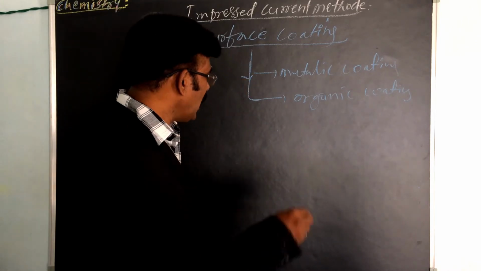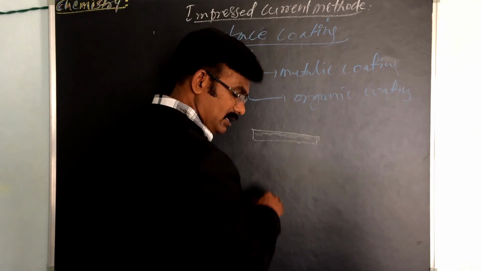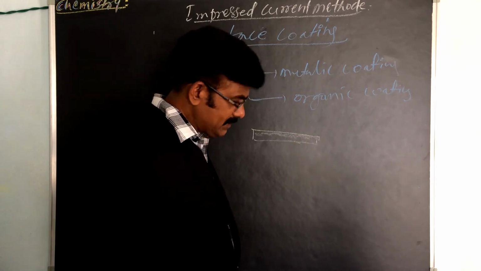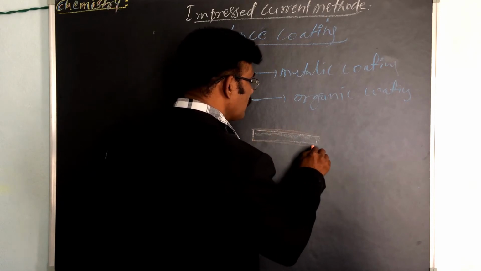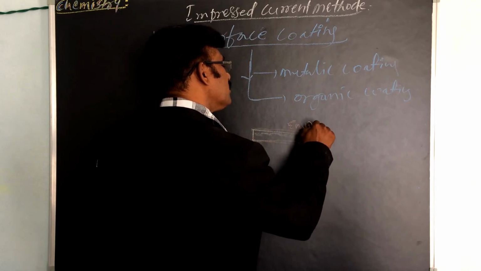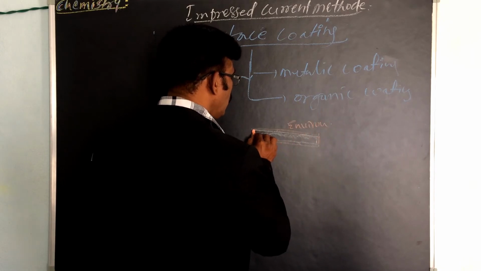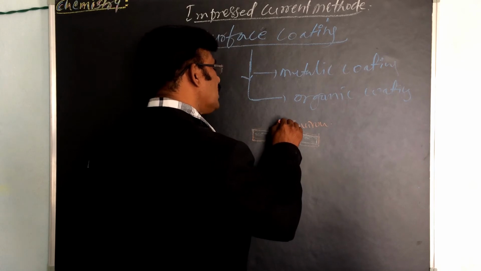For example, this is the iron rod. Then we have to paint it. So this is the environment. Inside is the iron rod, outside is the organic paint.